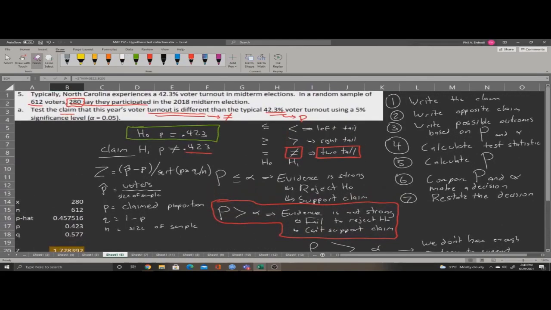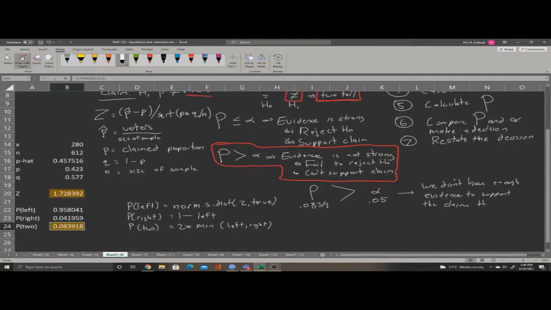Now, remember the claim that we would have supported is that the proportion is different from 0.423. And we want to specify that this is the case at the 0.05 significance level.